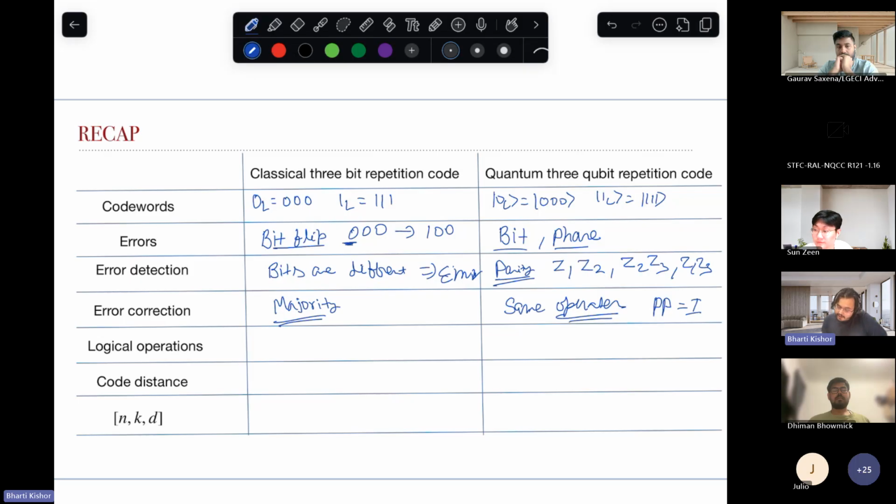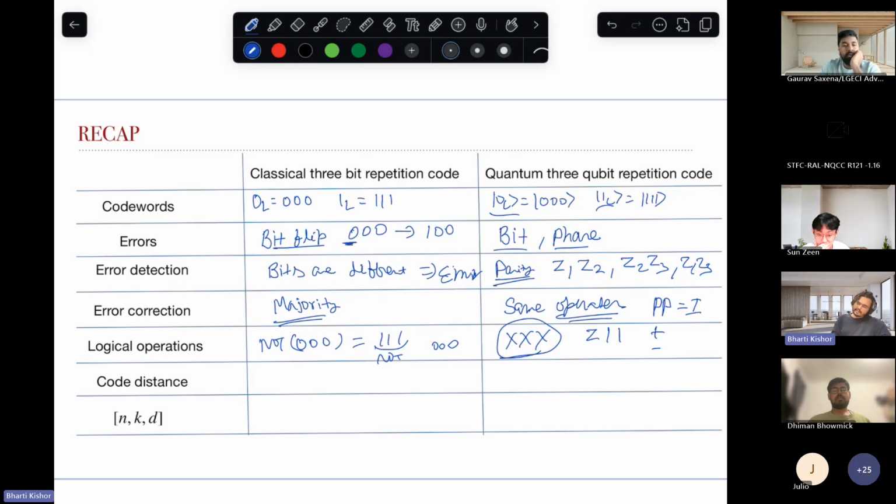Then the logical operator: you had the encoding, say 000, and the logical NOT takes 000 to 111, and similarly NOT on 111 takes you to 000. In the quantum case we had XXX, which takes 0 logical to 1 logical and 1 logical to 0 logical. And then we had ZII, for example, which on 0 logical gives the plus phase and on 1 logical gives minus phase.